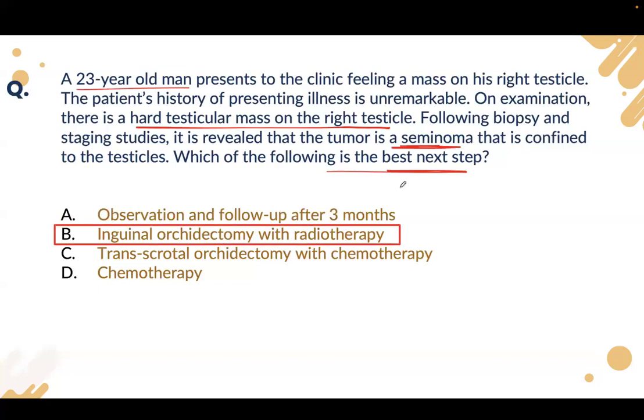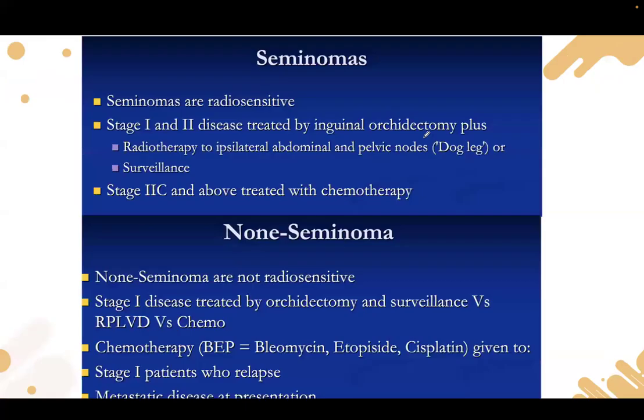The answer is B, inguinal orchidectomy with radiotherapy. Seminomas are among the most common testicular tumors in males. What's interesting about seminomas is that they are very radiosensitive.